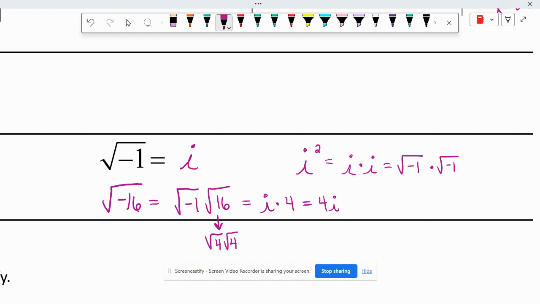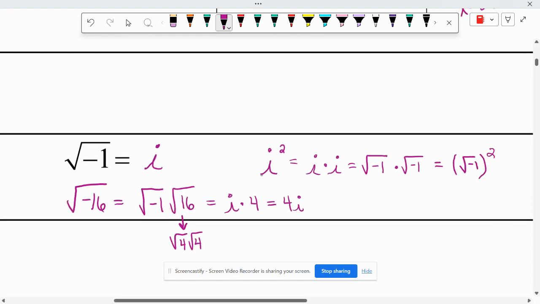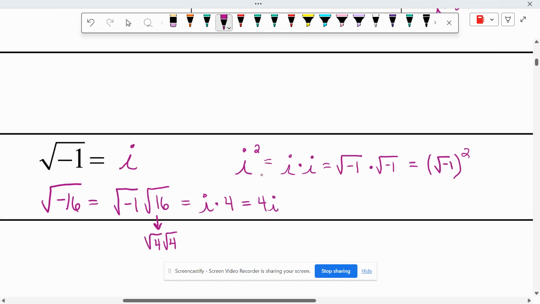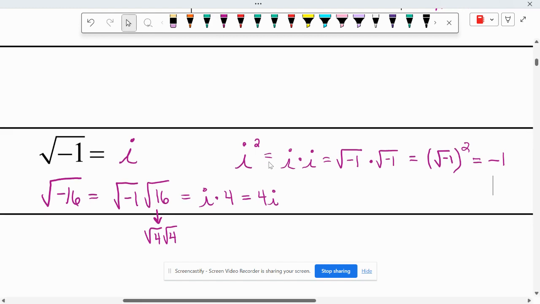When you take a square root and multiply it by itself, what happens to the radical? You're taking the square root of -1 and squaring it. This power of 2 makes the square root symbol disappear. They cancel each other out; they're inverses. So you learned that the square root of -1, the quantity squared, or i squared, is just -1. We're going to work with i and i squared for these first few examples.